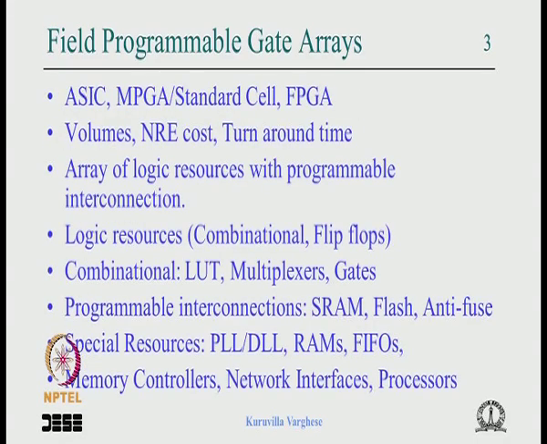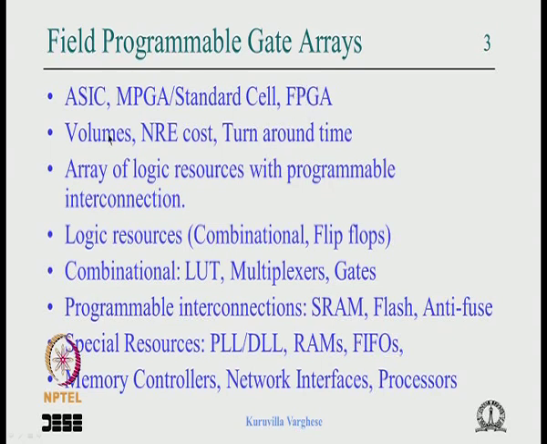So we looked at the evolution from a very low level design to using higher level blocks and interconnecting them, with the interconnection made in the foundry. But in an FPGA the programmability is built into this array of logic resources, so that it can be programmed or configured in the field.